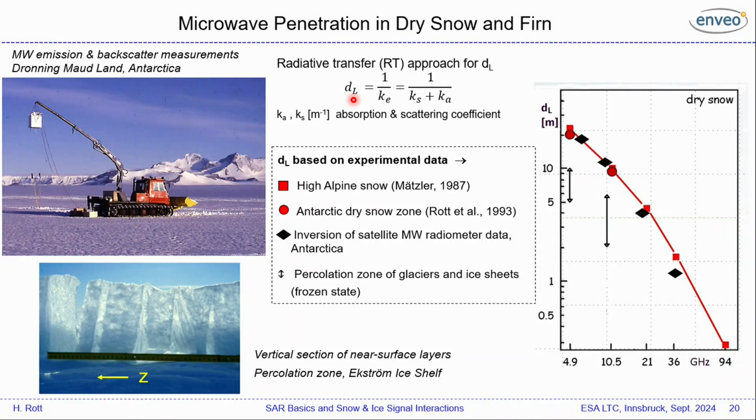I prefer to call this penetration length because some people call it penetration depth, but depth always reminds you that it's vertical, but this is not vertical, it's always along the beam.